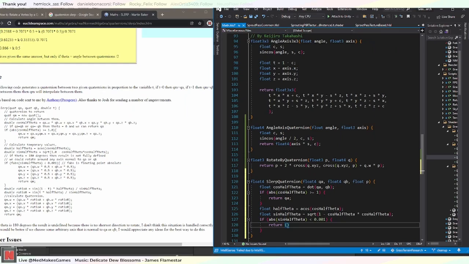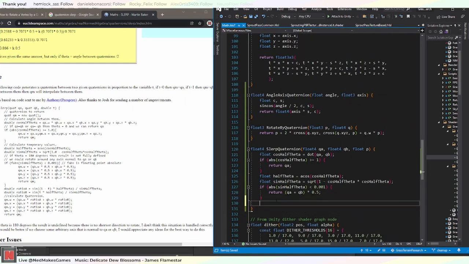Okay, so this is basically just the average between these two, so I can just do QA plus QB times 1.5. Okay, and then otherwise we take the ratio of different angles. So this must be the spherical part of the SLERP.